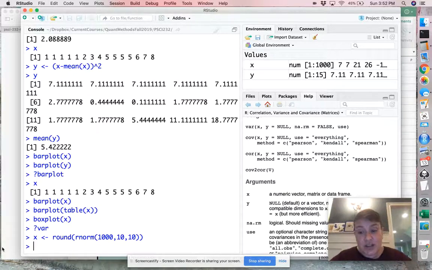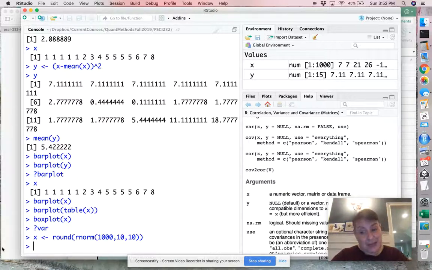Okay, so now we have x. I'd like to start by taking the mean of x. The mean is the numerical average. It's also the second number that I gave to the rnorm function. So if that function has done its job, the mean of x should be roughly 10. So let's find out.